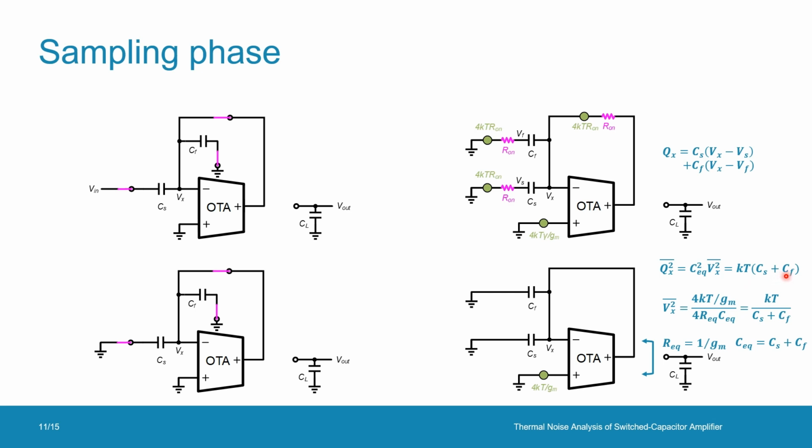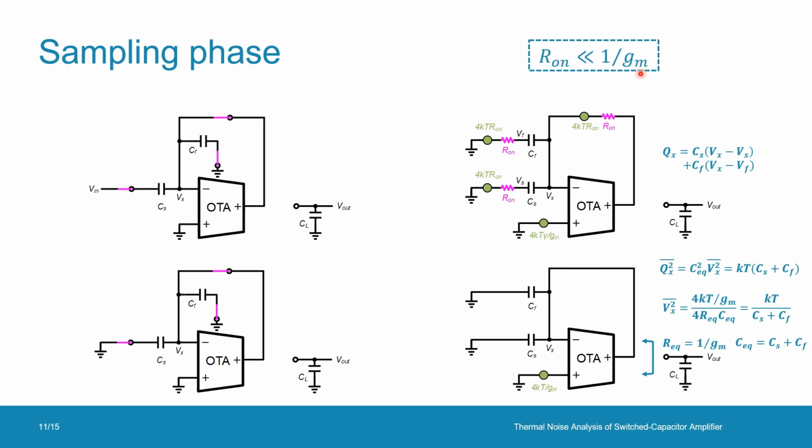Now here, I have to clarify that this simplification is only valid when the on resistance Ron is much smaller than the OTA output resistance 1 over GM.